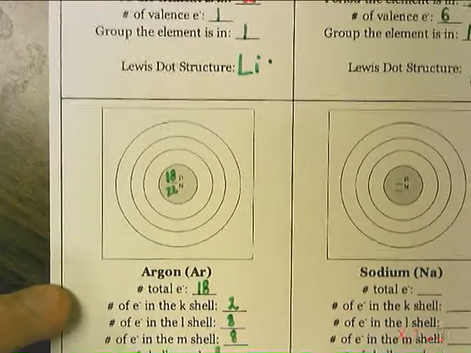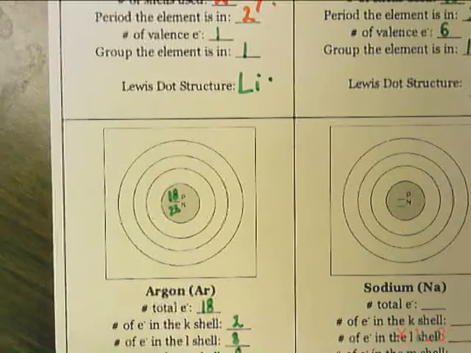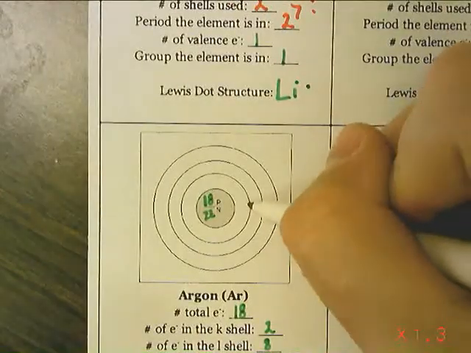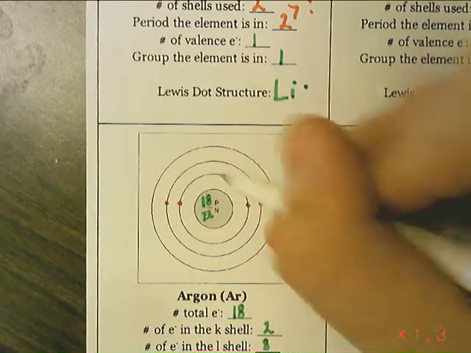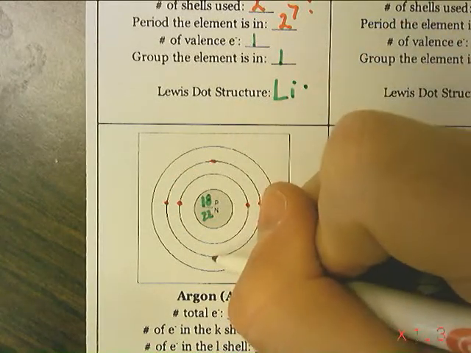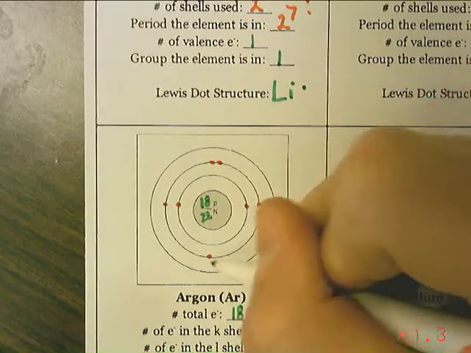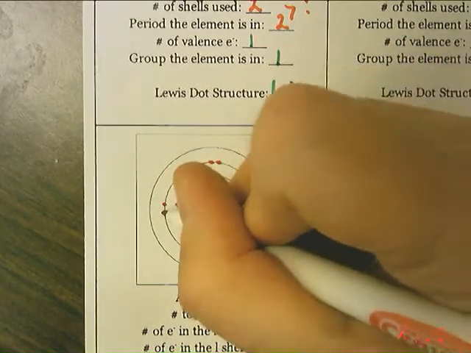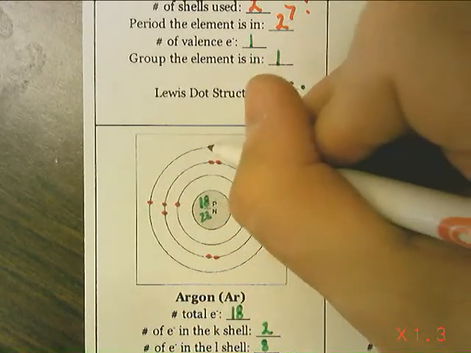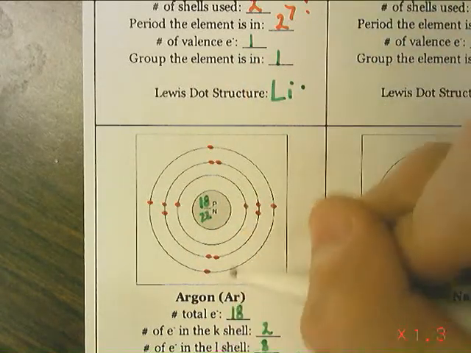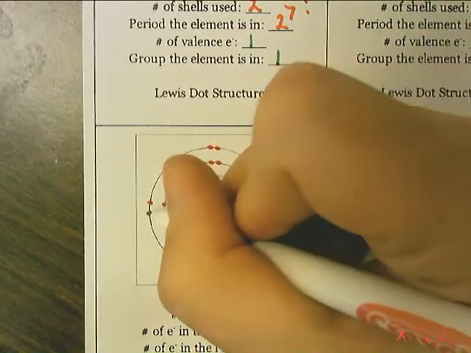So we have 18 electrons to put around the atom. 1, 2, 3, 4, 5, 6, 7, 8, 9, 10 makes it full, 11, 12, 13, 14, 15, 16, 17, 18.